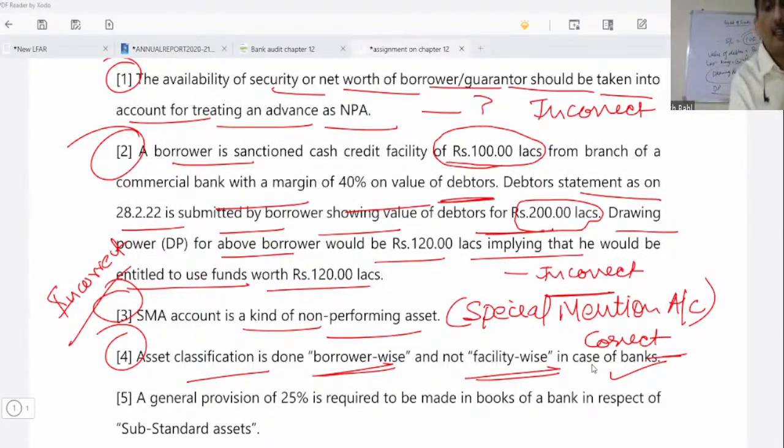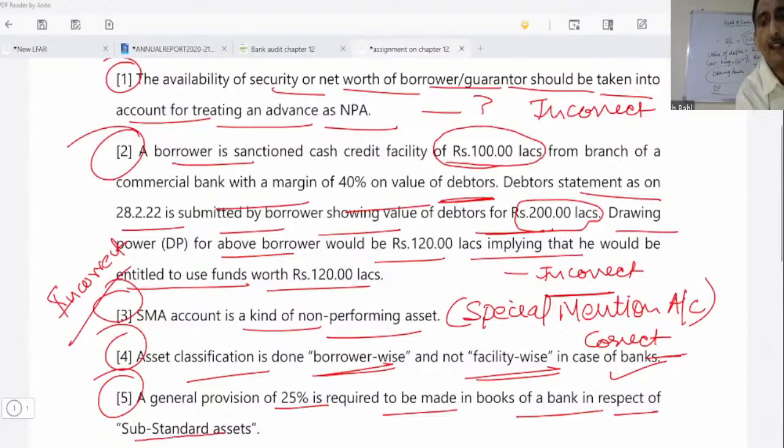Next. A general provision of 25% is required to be made in the books of a bank in respect of substandard assets, SSA. Tell whether it is correct or incorrect. In case of substandard assets, the assets which have been identified as substandard in the books of the bank, whether a provision of 25% of the outstanding balance is required to be made.